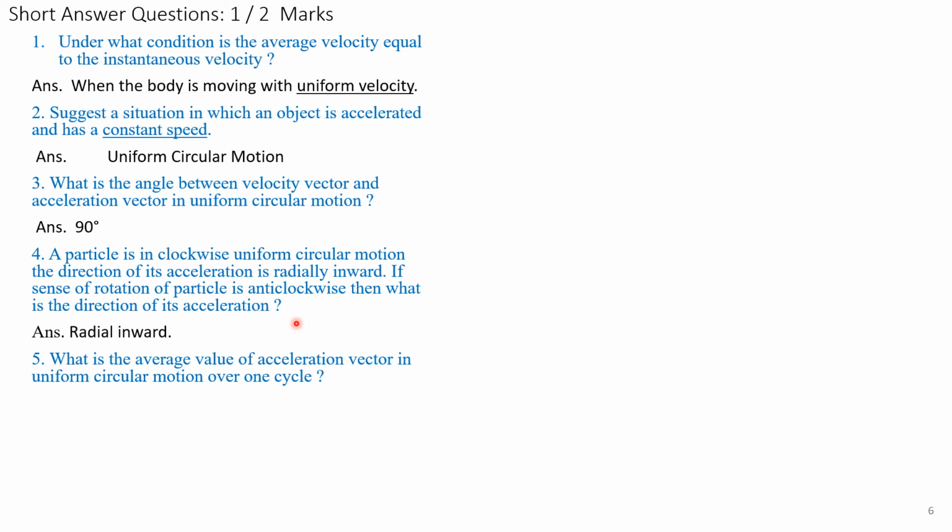Question number 5. What is the average value of acceleration vector in the uniform circular motion over one cycle? The average value of acceleration vector in uniform circular motion is always a null vector. Question number 6.